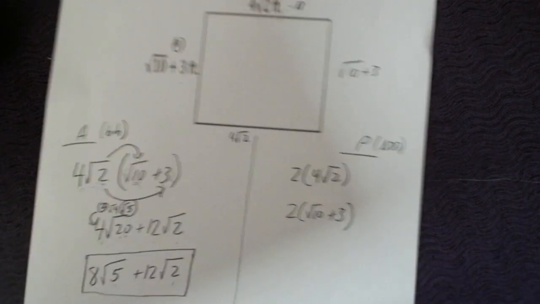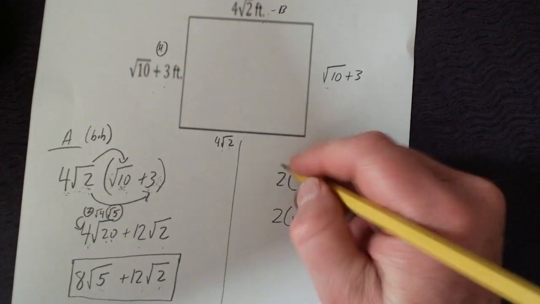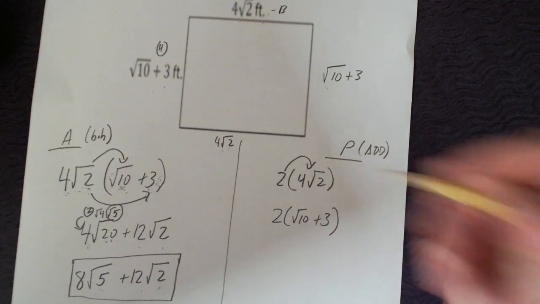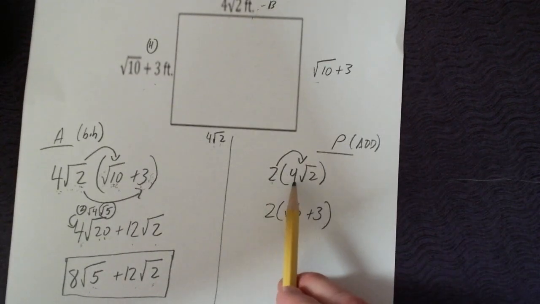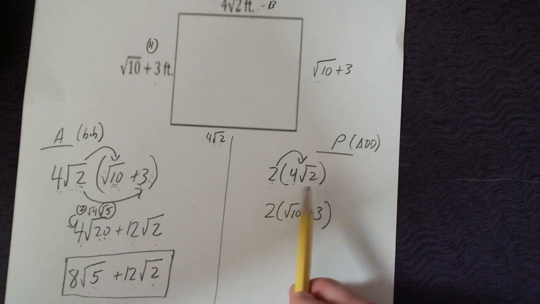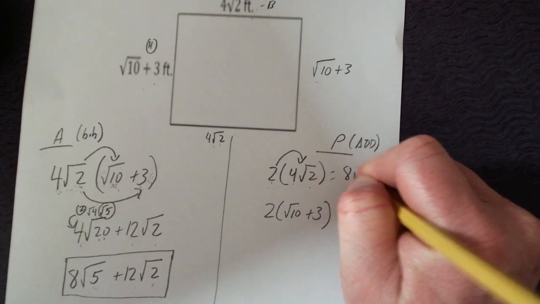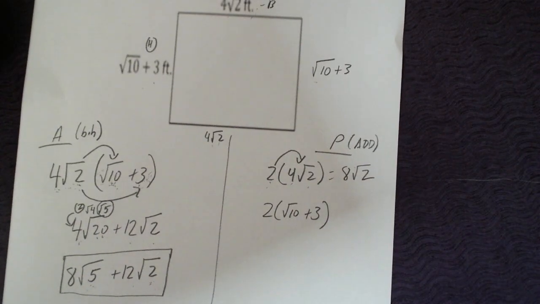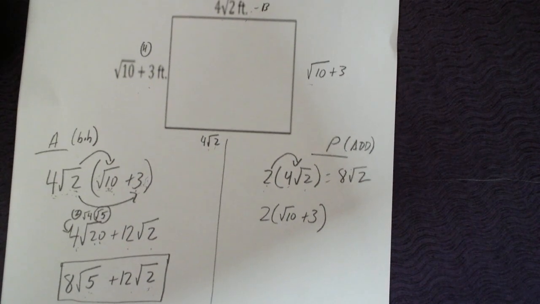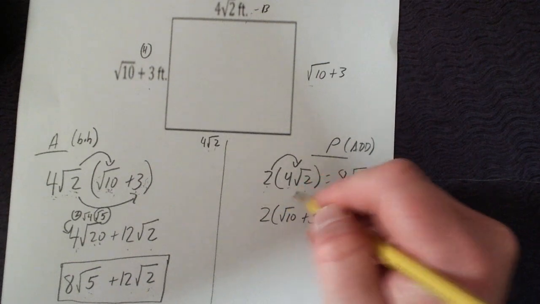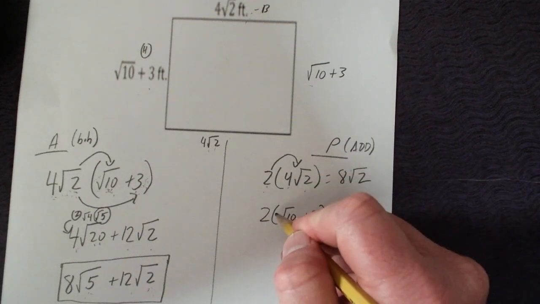Now, going back to our multiplying rules, this 2 can only be multiplied by the 4. It cannot be multiplied by the square root of 2. So that's going to give me, for the 2 bases, the 2 heights. Now here's the tricky part. This is a 1 right here.